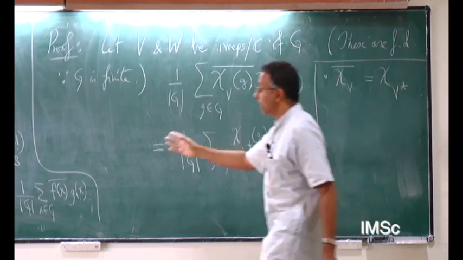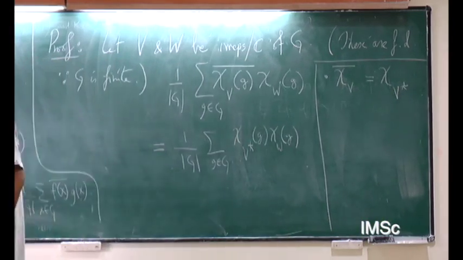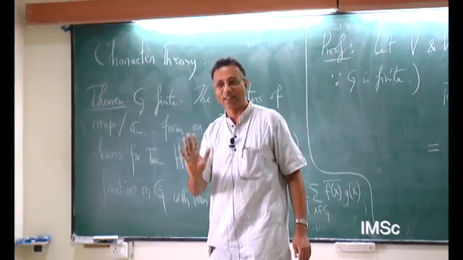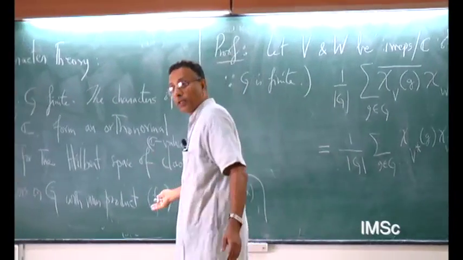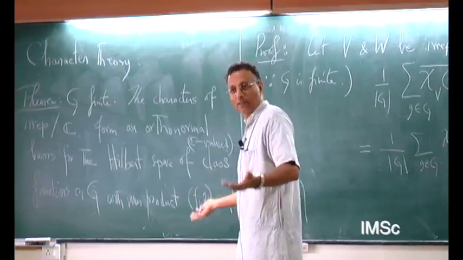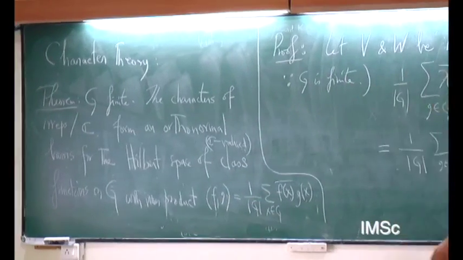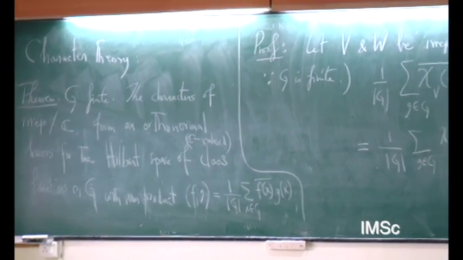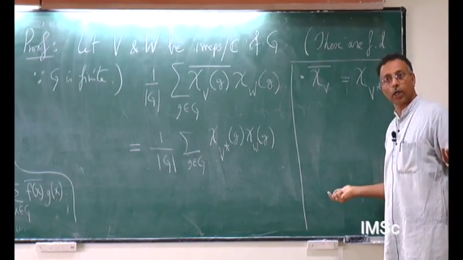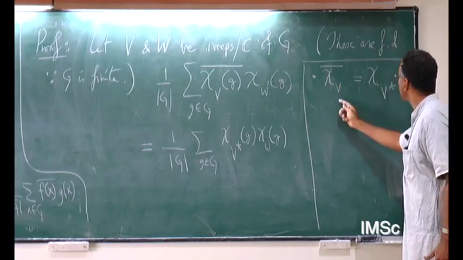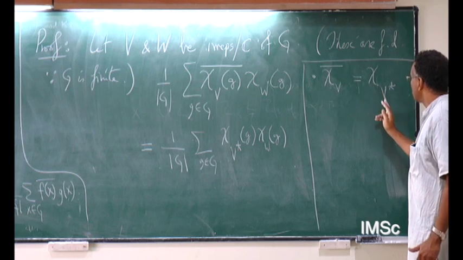By the way, last time we saw that characters are clearly class functions, right? So this is a class function, and taking the bar is also a class function.